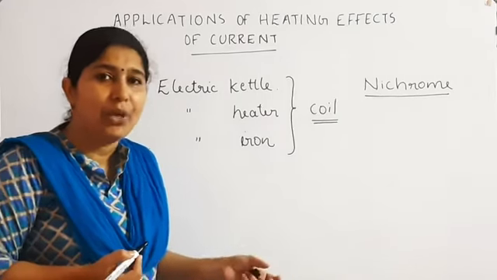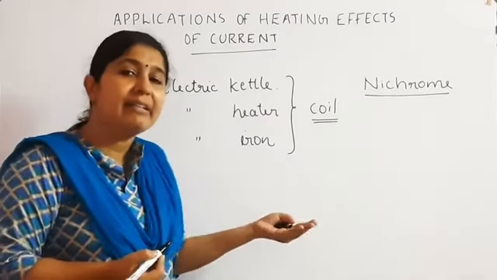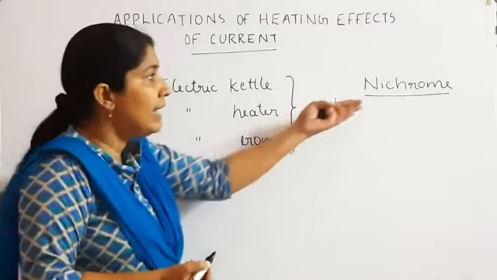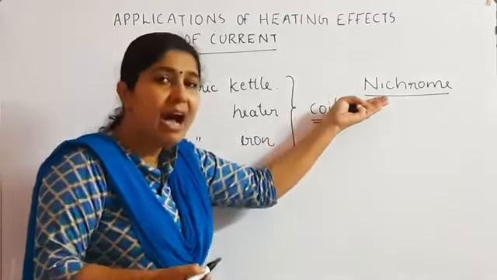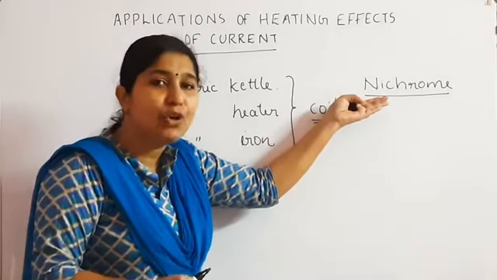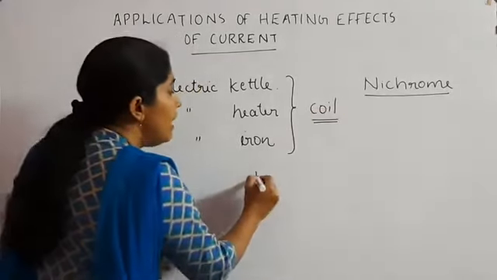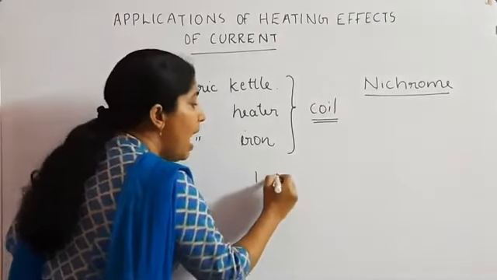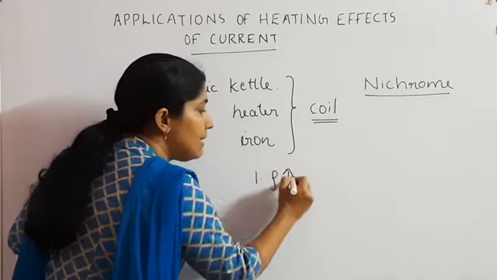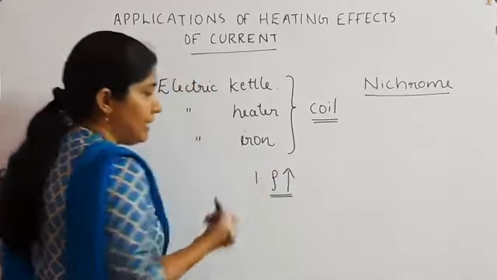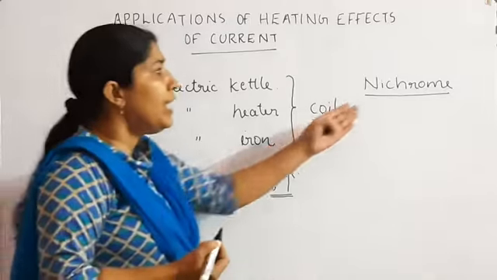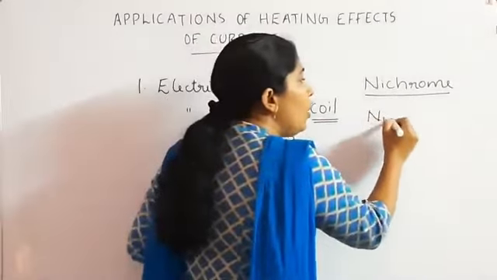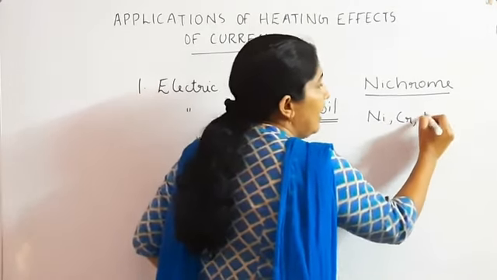Nichrome is an alloy which has higher resistivity than that of metals. That is the first point. Alloys have high resistivity compared to metals. Nichrome is made up of three elements, that is nickel, chromium and iron.